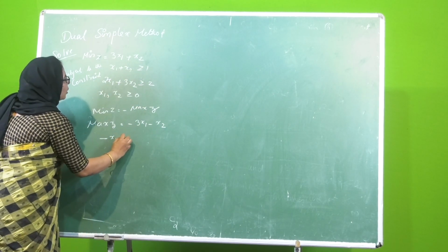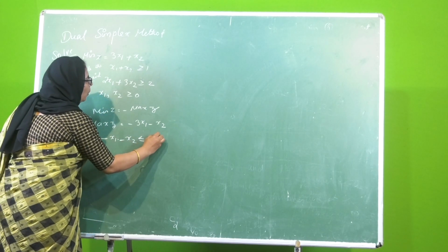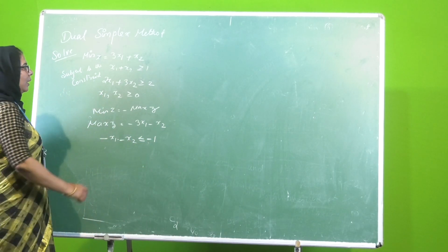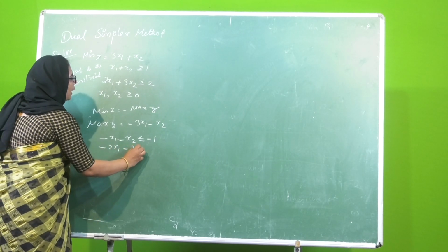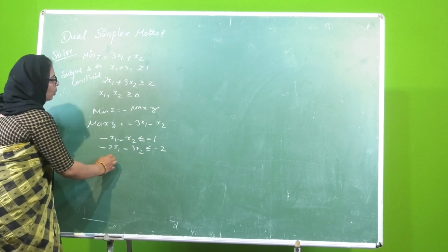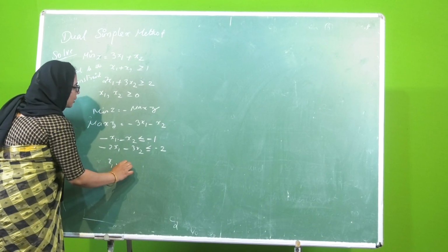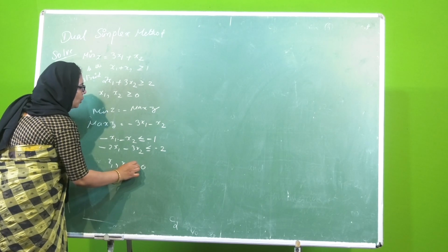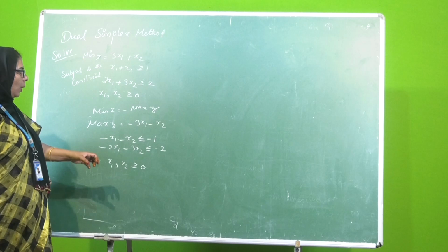So minus x1 minus x2 less than or equal to minus 1 and minus 2x1 minus 3x2 less than or equal to minus 2, for all x1, x2 greater than or equal to 0.